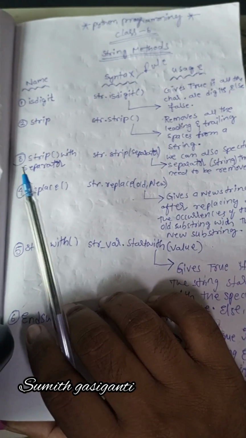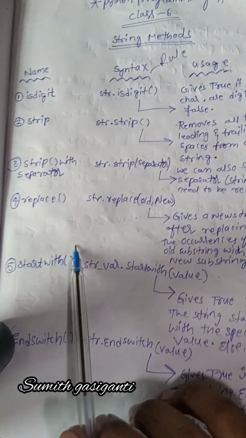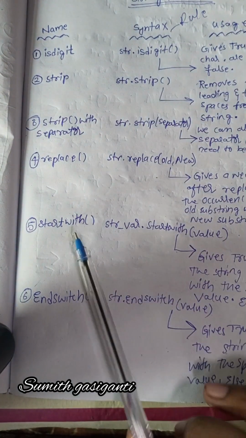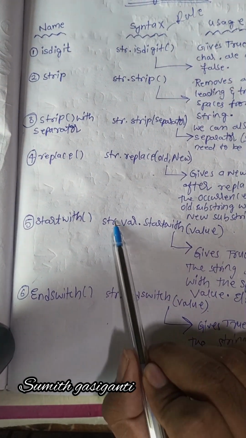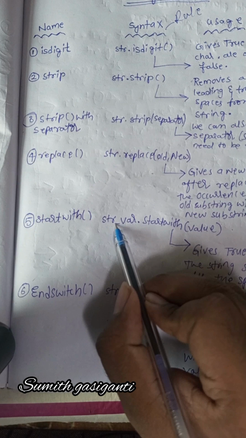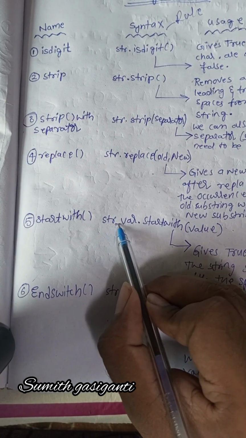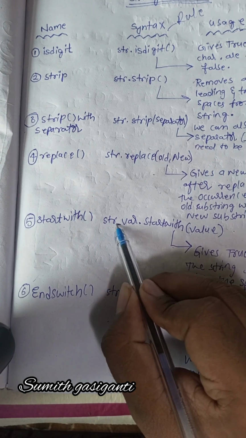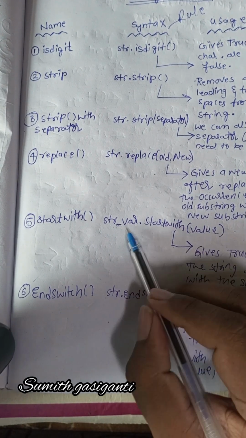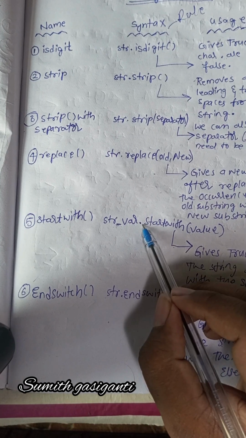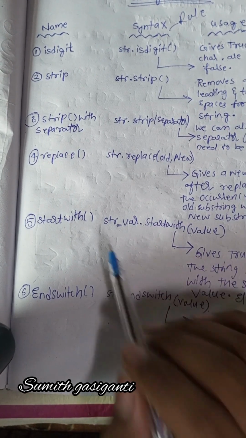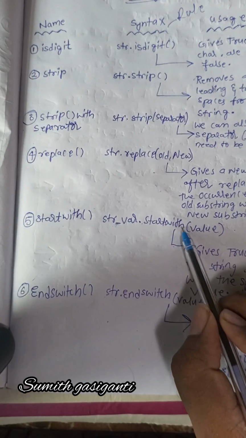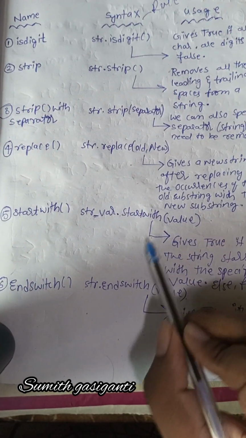Next method is startswith. The syntax is str.startswith(value), and it is a camel case method.